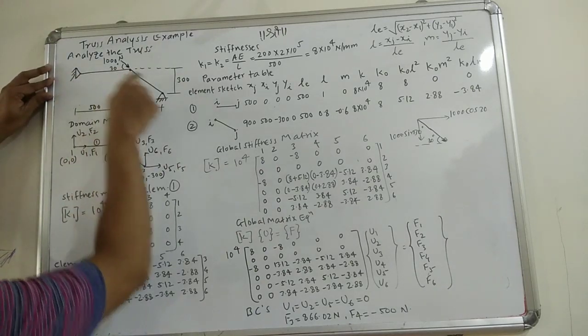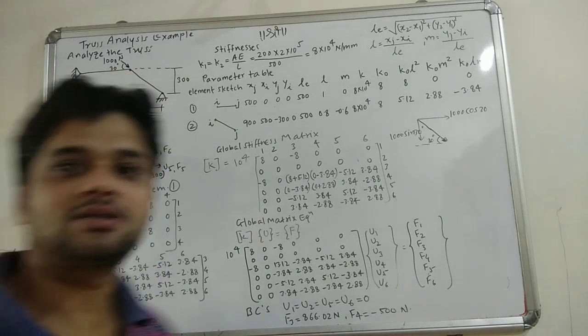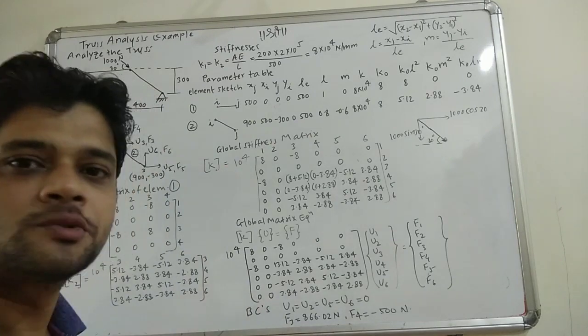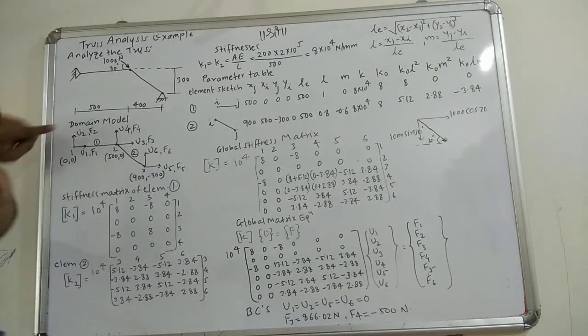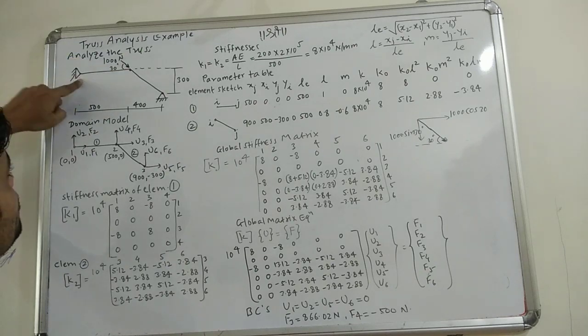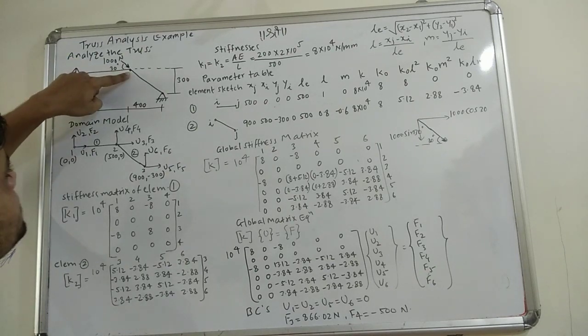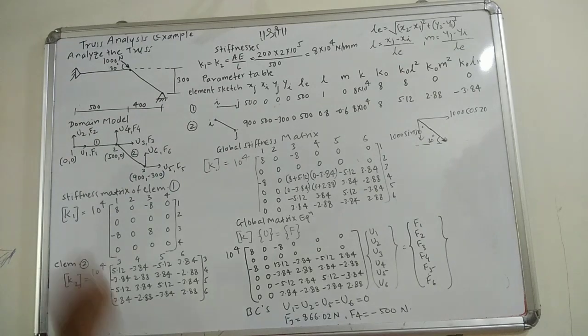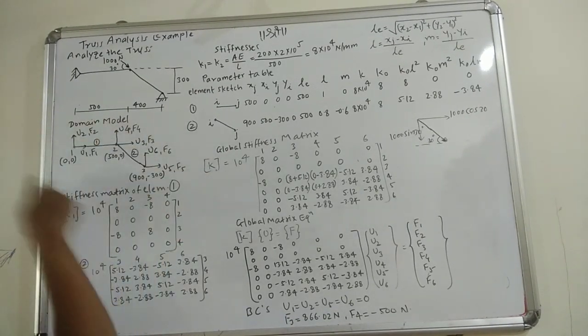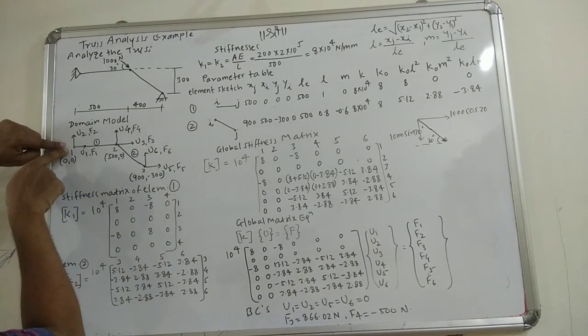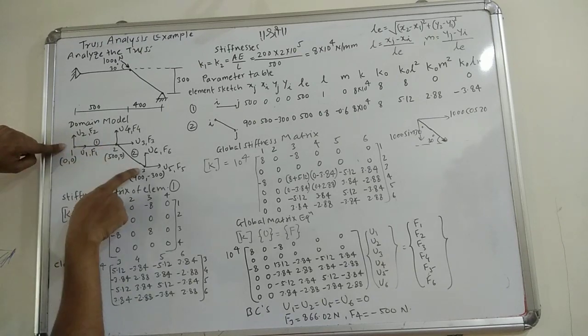The points where the truss members are held, we will convert into nodes. So I have node number 1 over here, node number 2, and node number 3.